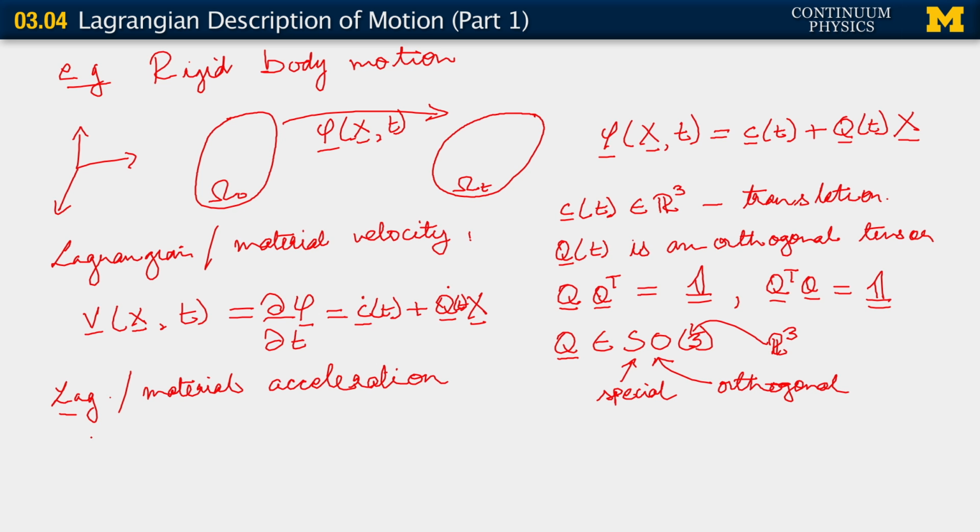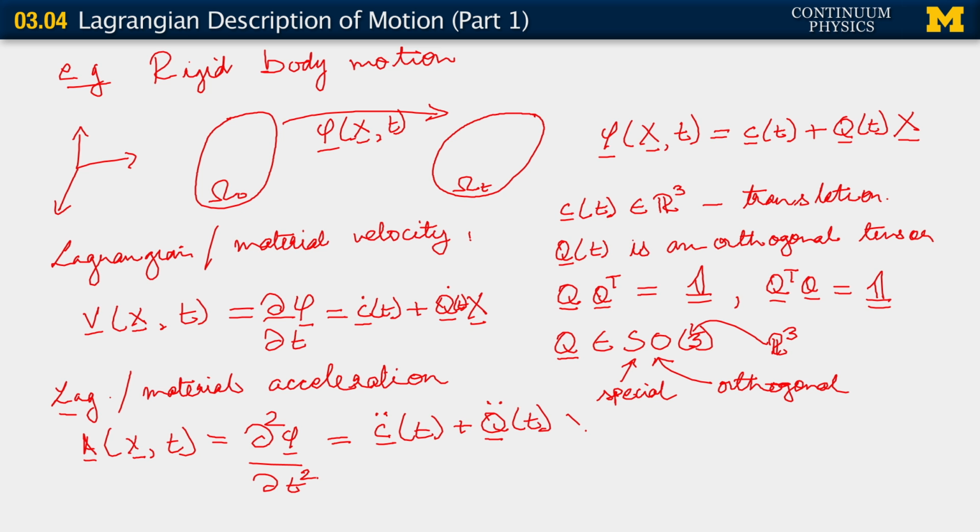A parameterized by capital X and t equals, we know that it's the second partial derivative of phi with respect to time, and that is simply c double dot, a function of time only, plus Q double dot, function of time, x.